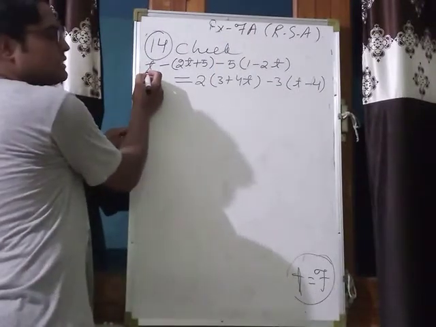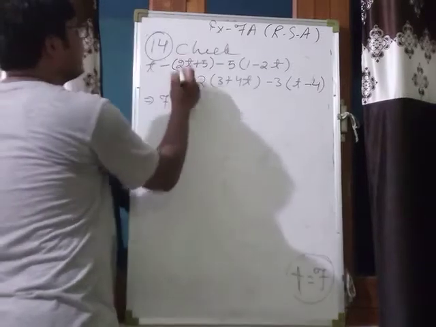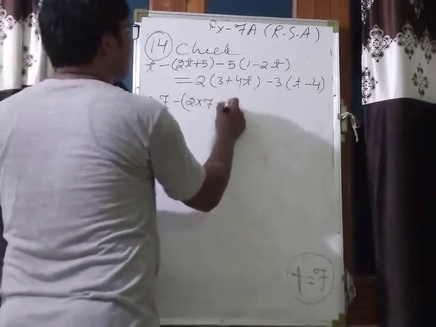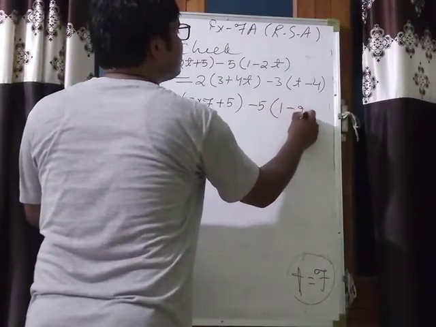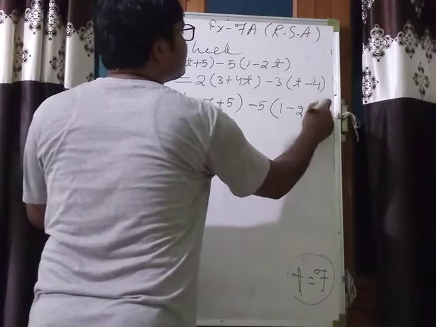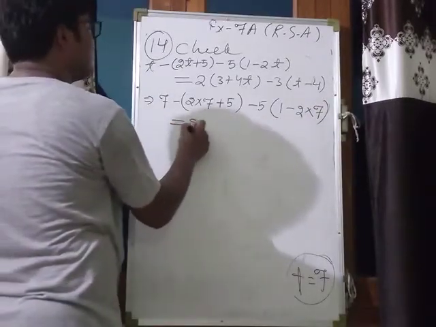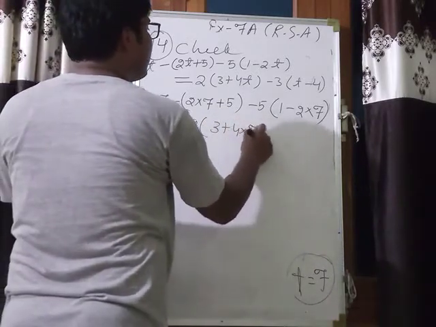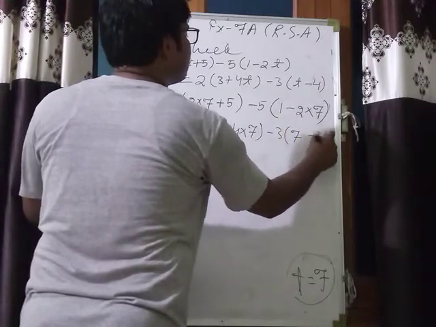So now I am going to check this. See, replace t by 7. So what we have? 7 minus 2 into 7 plus 5 minus 5 into 1 minus 2 into t is replaced by 7. Okay, that is equal to 2 into 3 plus 4 into 7 minus 3 into 7 minus 4.